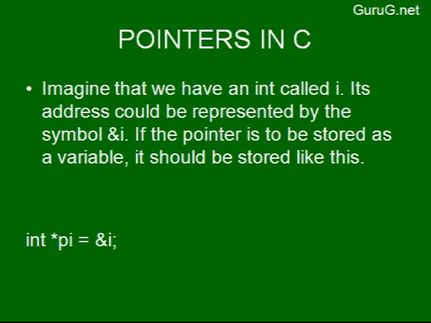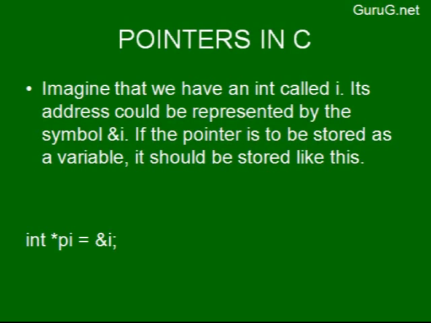and you have already declared a particular variable i. You are going to assign the address of i to this particular pointer. So instead of using i, you can use the pointer variable pi, which will obtain the value from this.